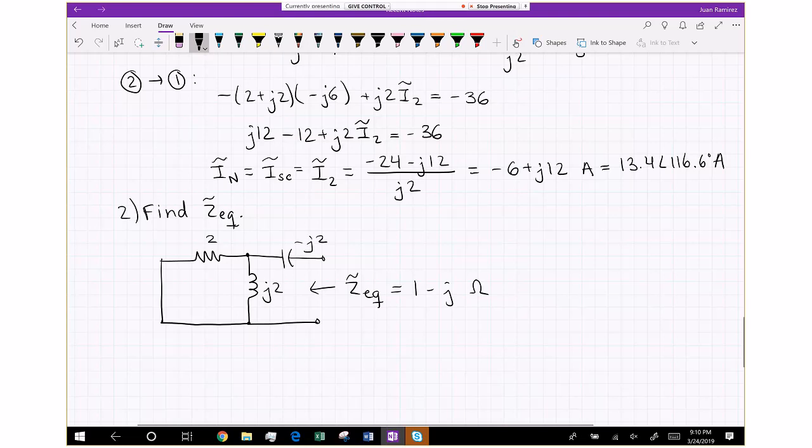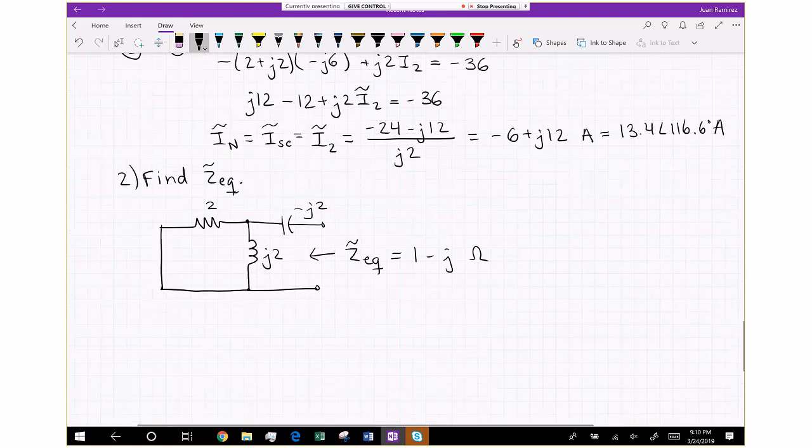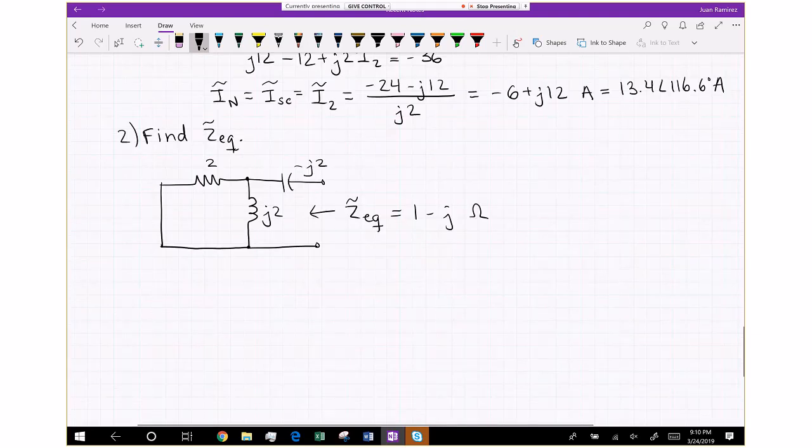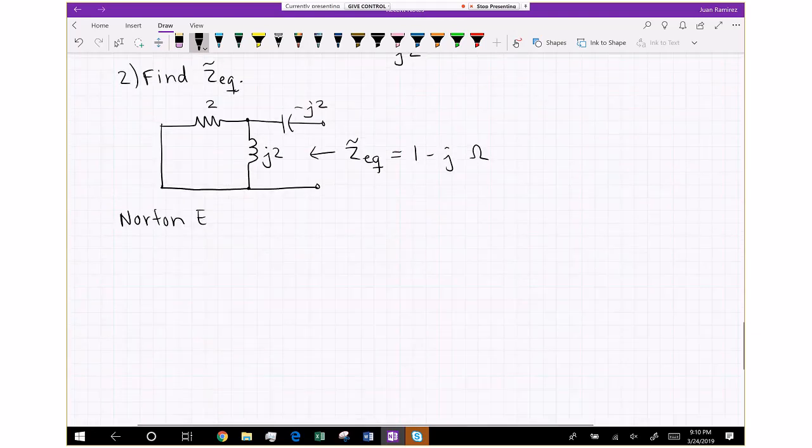So now we can write out the Norton equivalent circuit. To do that, we're going to take a look at our Norton current, which we found in step 1.